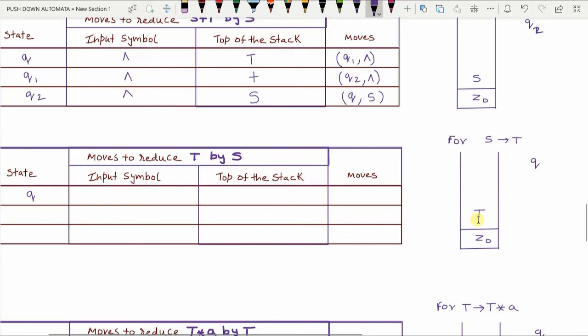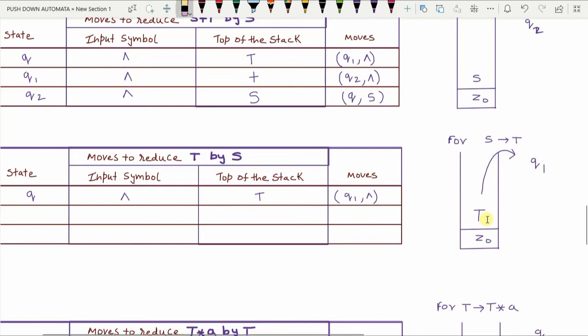Again, no input symbol is read. What is on top of the stack? T is on top of the stack. Now what are the different moves that you are going to make? From state Q, I pop this T out, so I go to Q1 by popping it out.